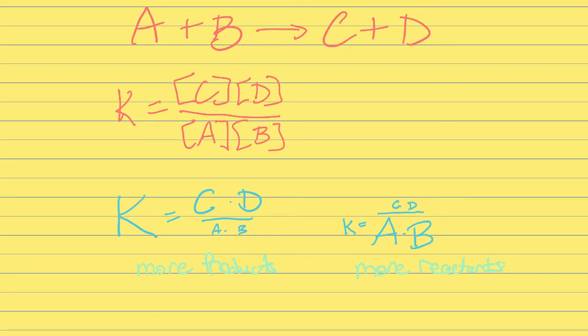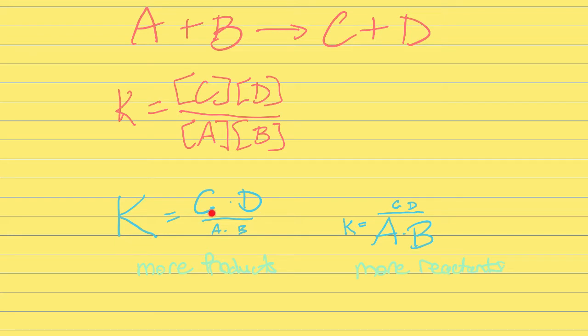And notice we're using these square brackets. The square brackets mean we put the concentration in molarity, moles per liter, in these brackets, okay? But then on the bottom, the denominator is the concentration of the two reactants. So look down here.